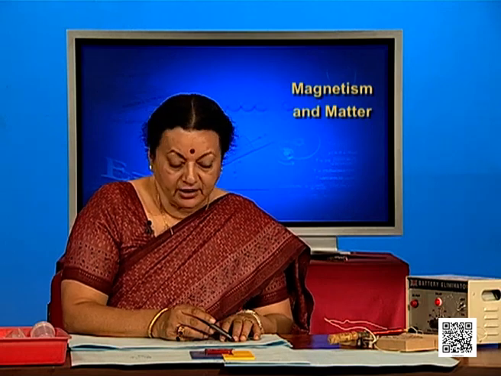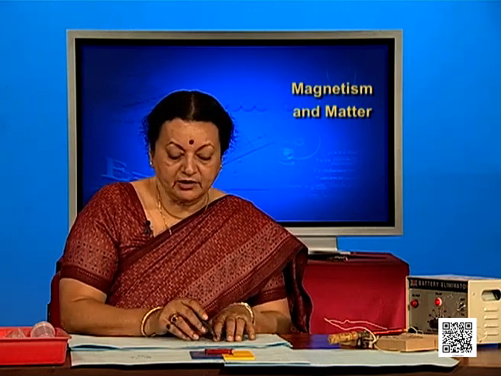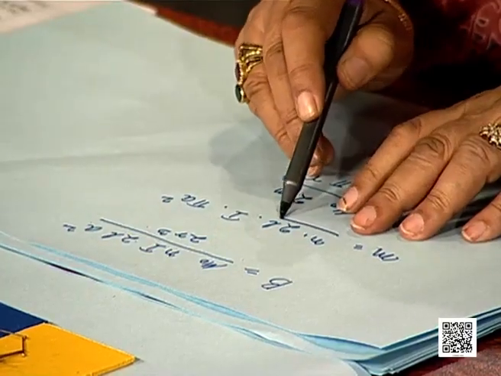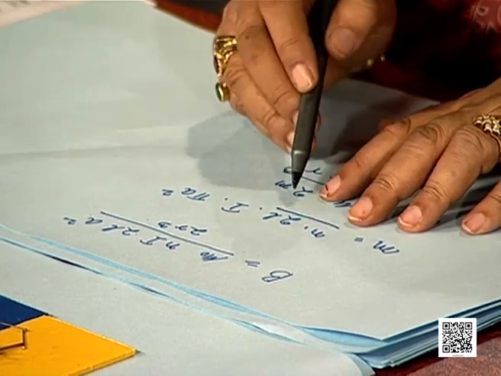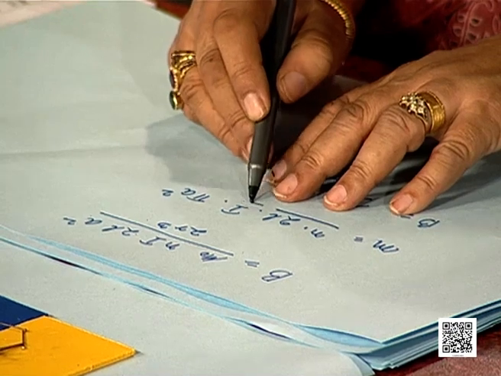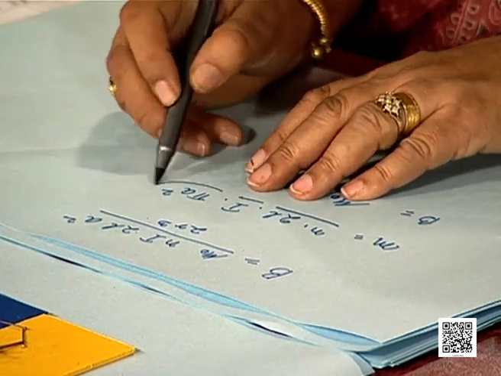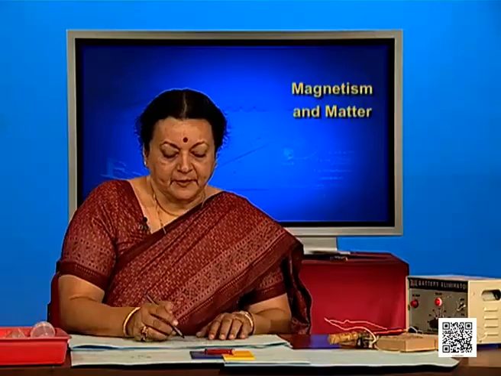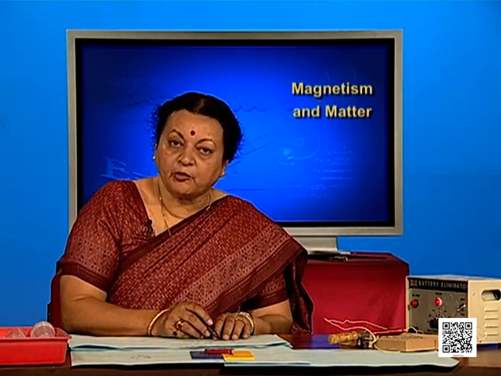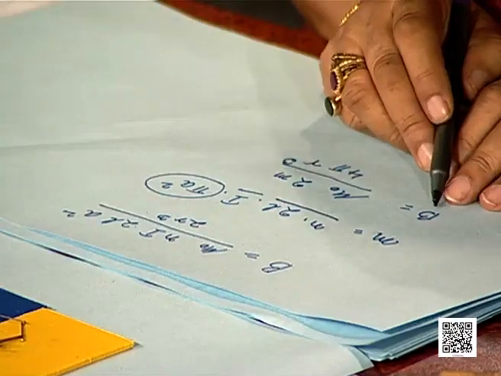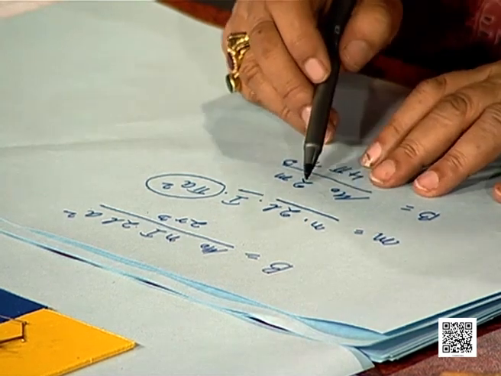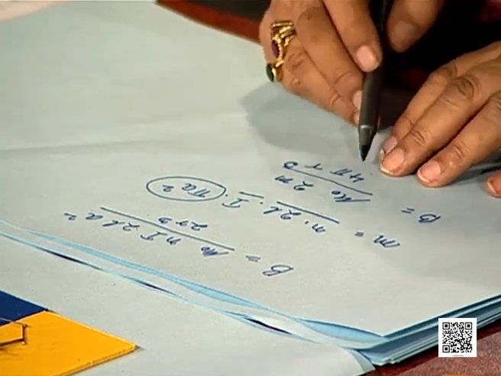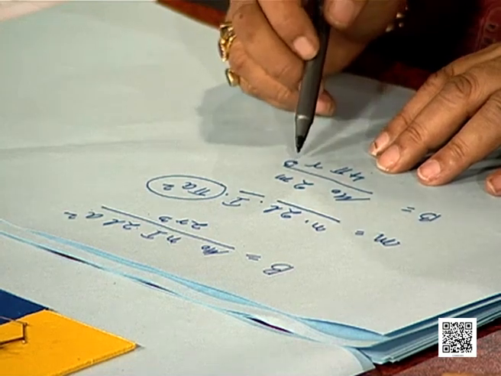We had already talked about the magnetic moment being equal to the number of turns, which is n into 2L, times the current flowing through the loop, and the area vector. The formula can now be written for B in terms of magnetic moment as mu naught into 2m upon 4 pi r cubed.